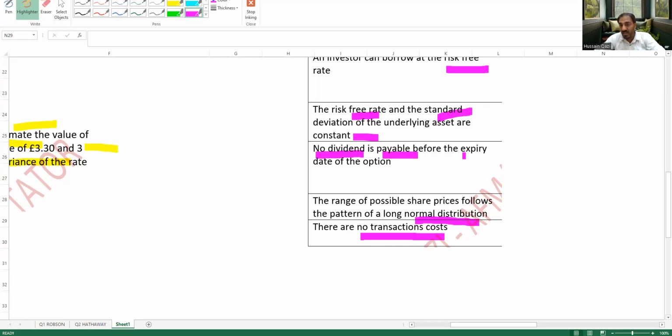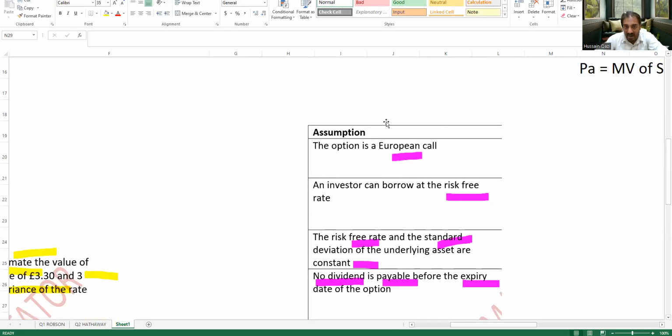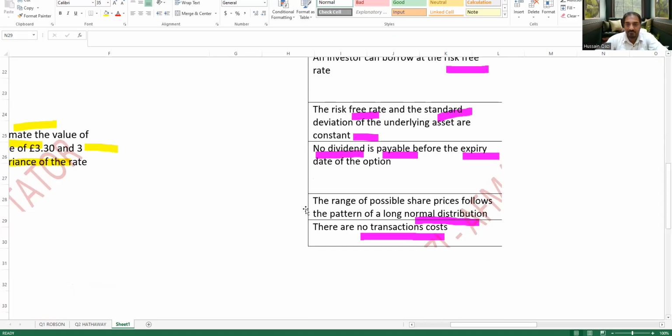No dividend is payable before expiry. If the examiner mentions some returns or dividend during the exercise period, you have to ignore this, because we will not incorporate any expected returns with that exercise price. The examiner expects a good command of these assumptions.